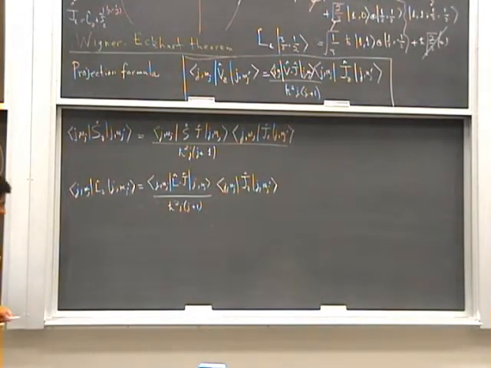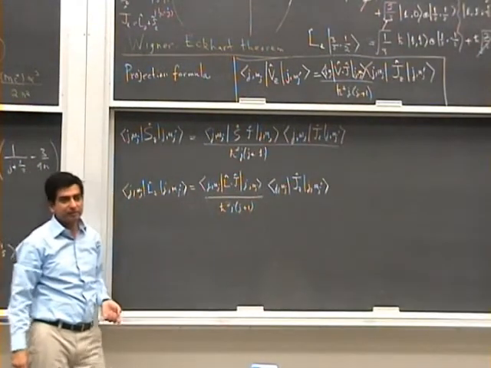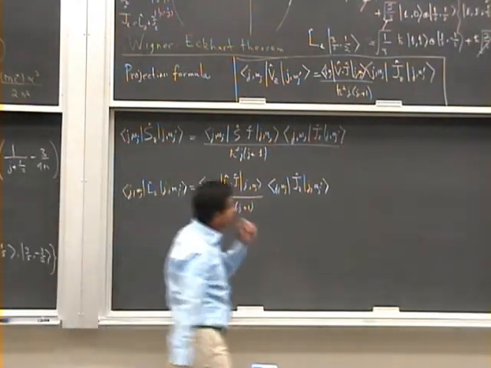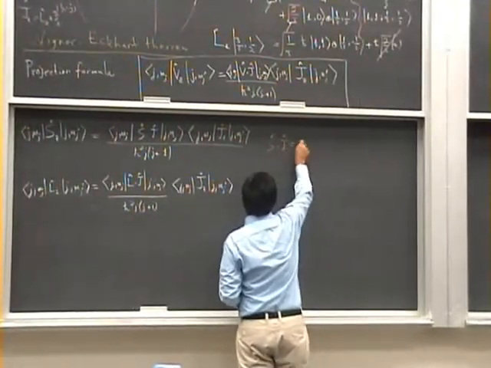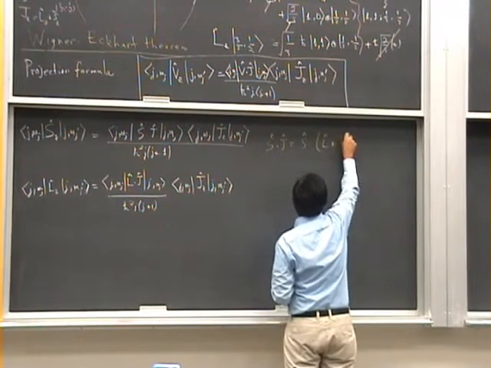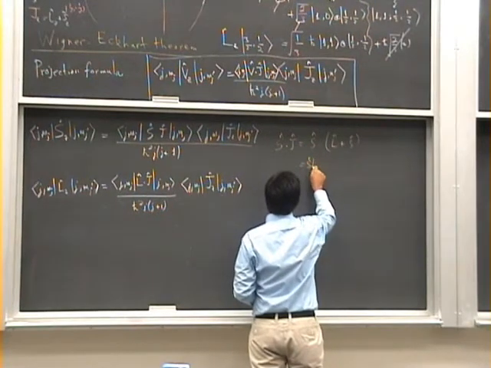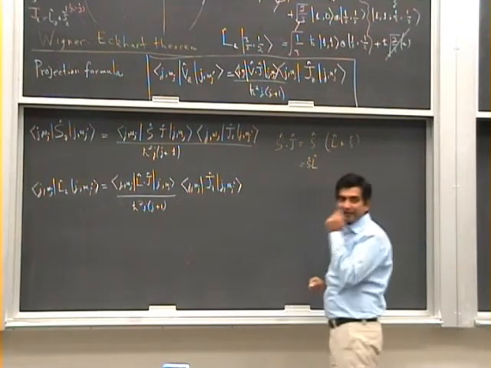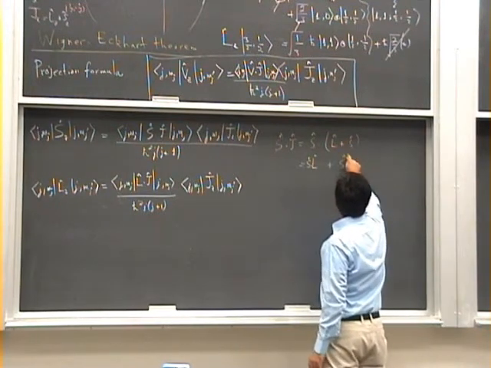Okay. Now I have to find out what L dot J and S dot J are. S dot J, for example, is S dotted with L plus S. This is S dotted with L, which is the hyperfine interaction Hamiltonian, plus S squared.